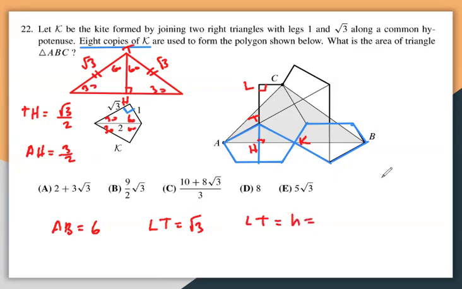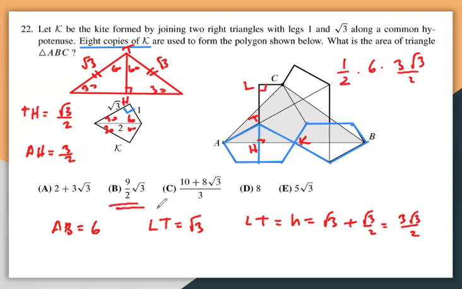So when you take AB as base, the height should be root 3 plus root 3 over 2, which is 3 root 3 over 2. And the area would be, now, base is 6, the height is 3 root 3 over 2, and take half of this product. So that should be 9 over 2 root 3.